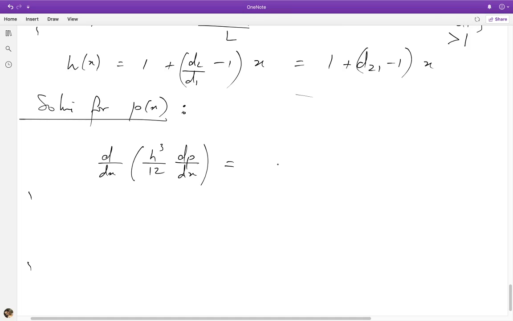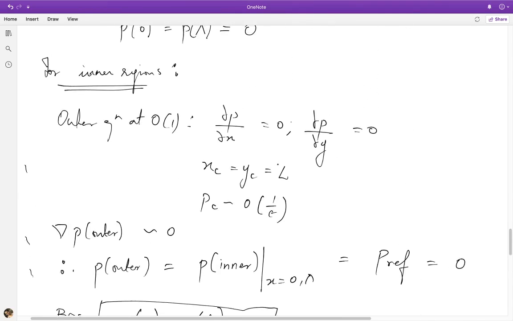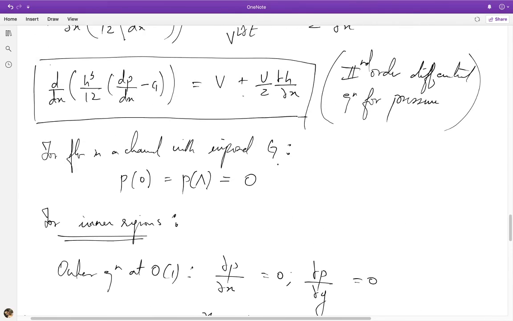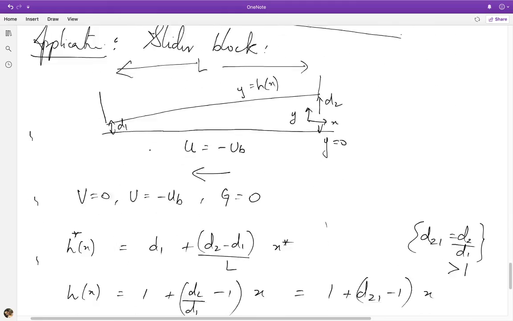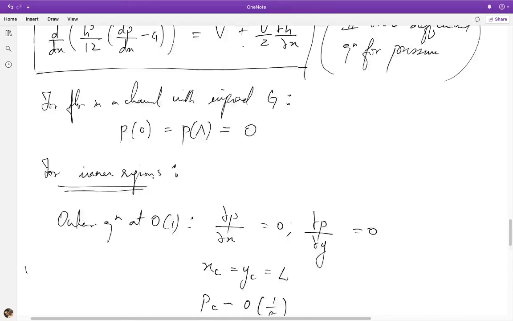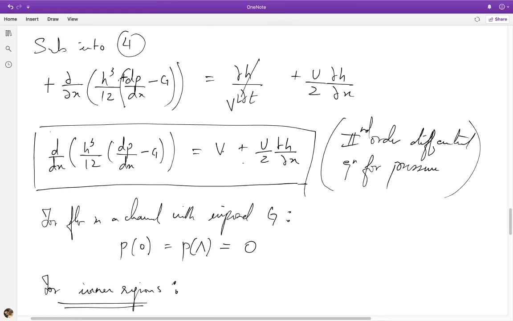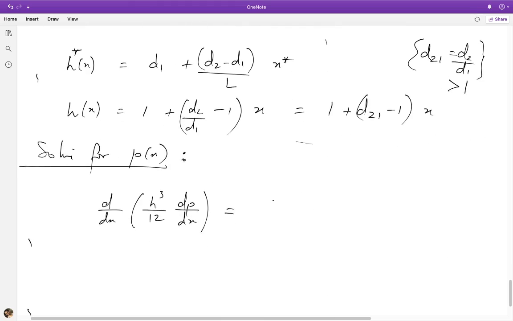And remember, this was nothing but v is 0 plus u by 2, so it's just minus ub by 2 times dh dx, where dh dx I can write down immediately here, d21 minus 1.